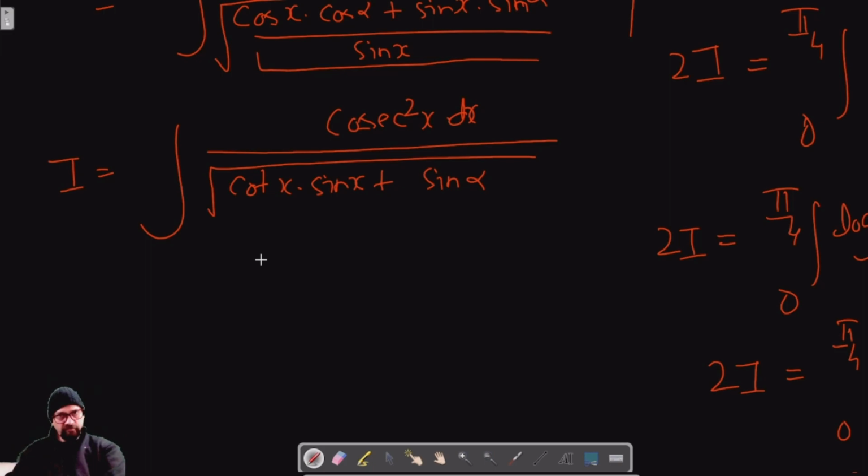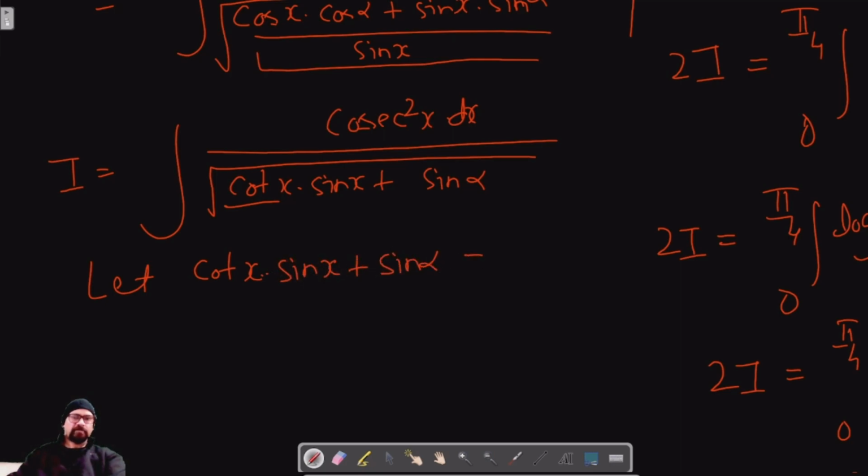Now it's in the standard form, where we know that the differentiation of cot is negative cosecant square, and we are going to make the substitution. Let's say cot x into cos alpha plus sine alpha is equal to t.